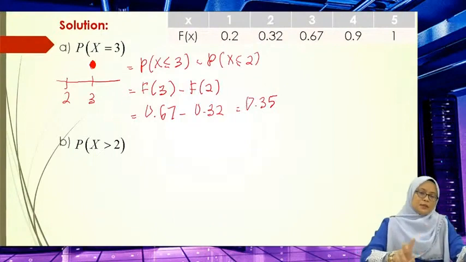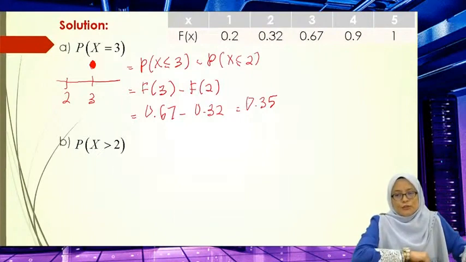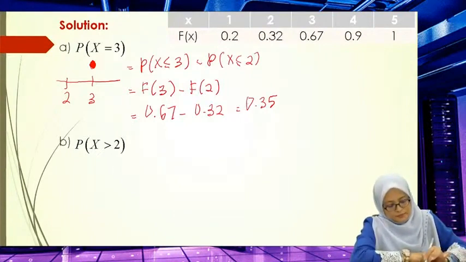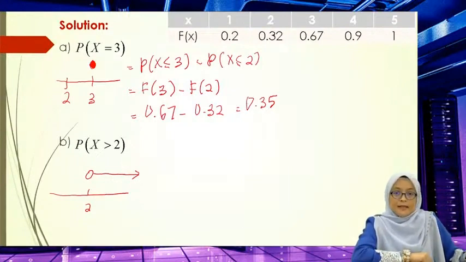Okay, so untuk probability X greater than 2, X greater than 2 means that 2 is not include, so empty circle ataupun bulat kosong, so arrow to the right. Okay, so then kita nak ubah dia kepada simbol less than equal, so kita akan ambil semua sekali, total probability is 1, so kita akan minus yang tidak termasuk dalam kita punya number line, start daripada 2 lah.